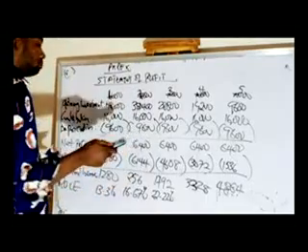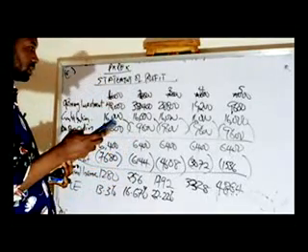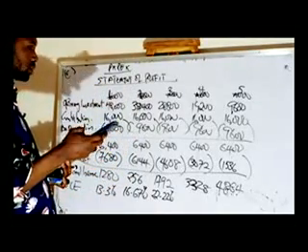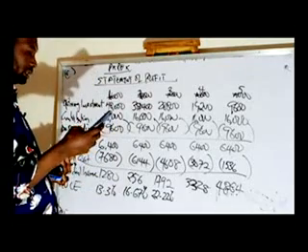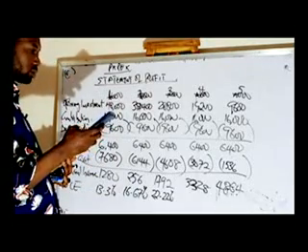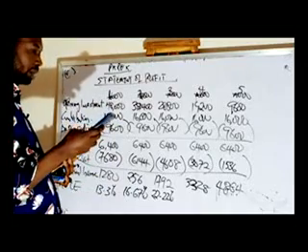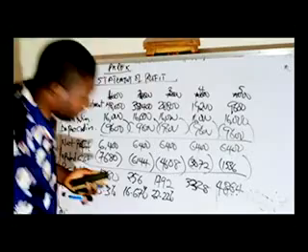The fourth year is 33,208 divided by 19,200 times 100, which will give me 17.3%.